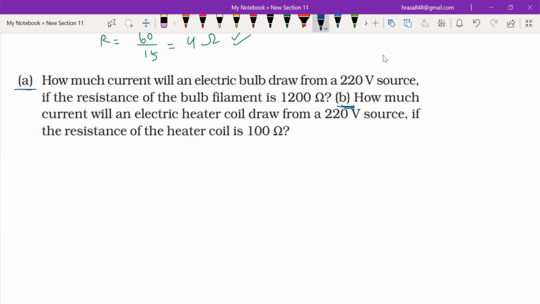Ammeter is a device, ampere is the unit. And the first one is 220. Do I need to do the first one as well? Yeah, both of them.